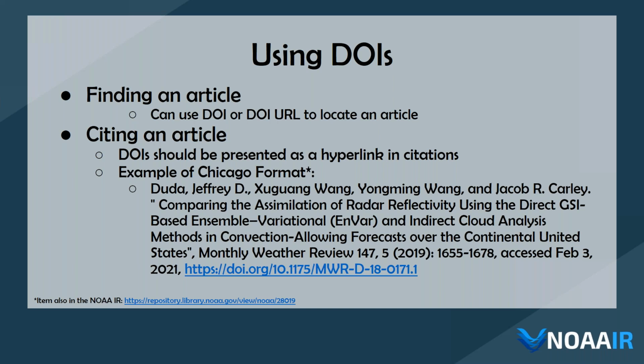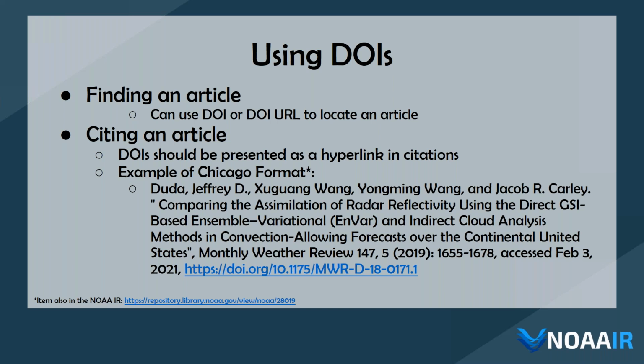When you are using a DOI in a citation, best practices, and this comes from DataCite, who's the big name in DOI minting or assignments: a DOI should be expressed as a hyperlink in all citations and preferably as a full URL, but at the minimum, your DOI number should be hyperlinked. I've given an example here.